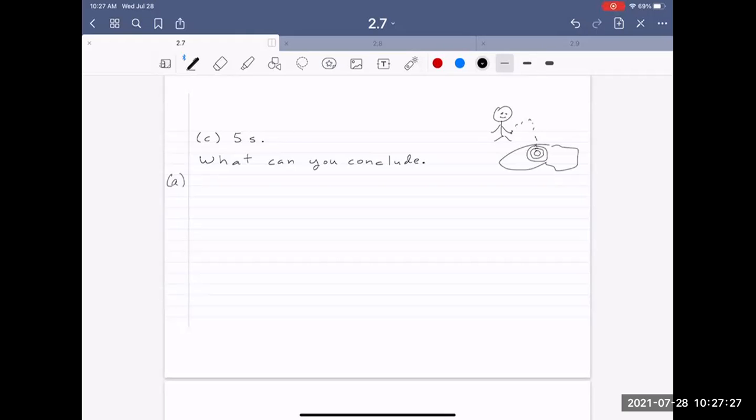So the question is, well, what's the equation for a circle? You have here some circular pattern.